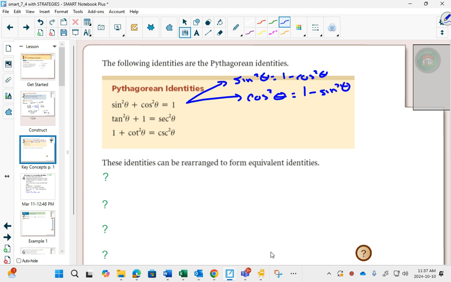In a proof, any rearrangement that you can get by doing only one mental math manipulation is perfectly fine. So in a proof, if you have a sine squared theta and you want to change it to 1 minus cos squared theta, you can. Or if you have a 1 minus sine squared theta, you can immediately change it to cos squared theta without showing any work, even though the formula isn't that form on your formula sheet.